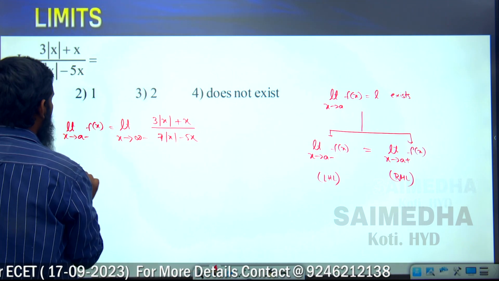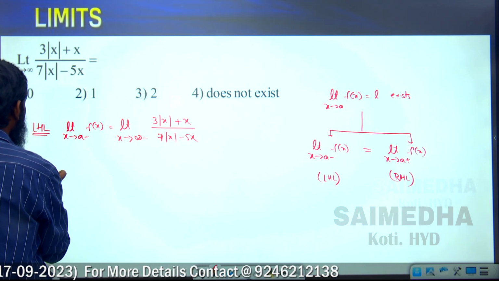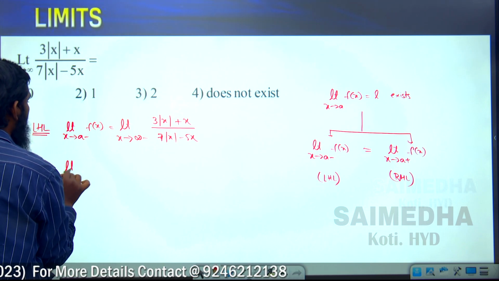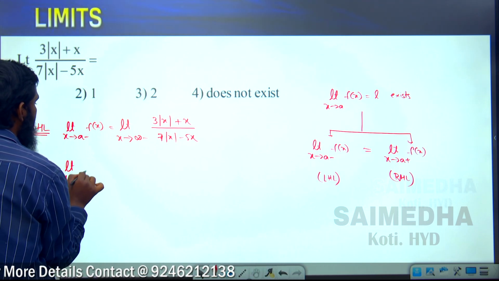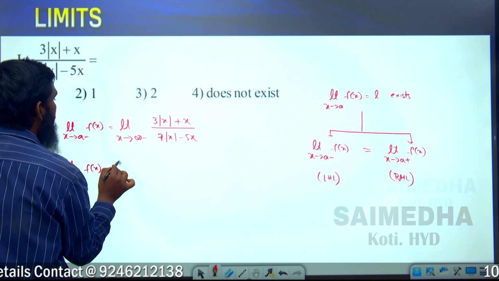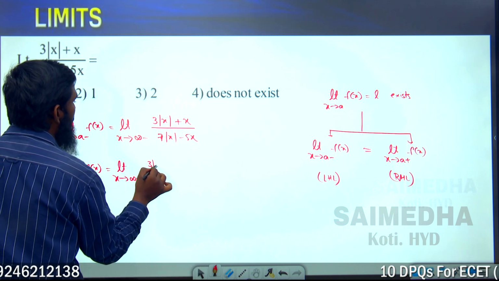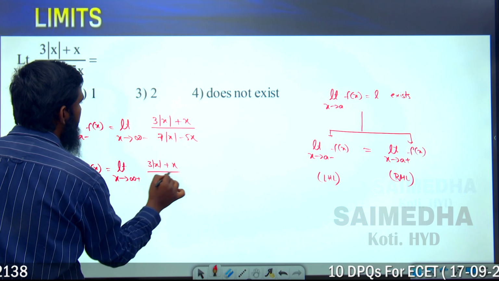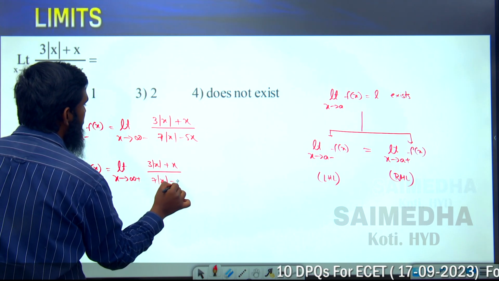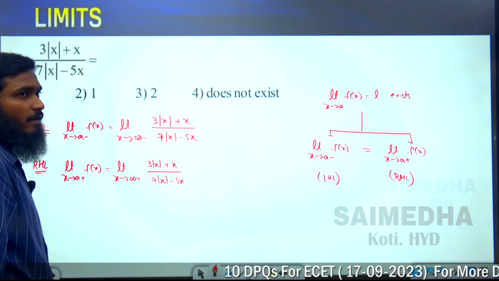Next, the RHL value: limit x tends to a plus f of x equals limit x tends to infinity plus of 3 mod x plus x divided by 7 mod x minus 5x.